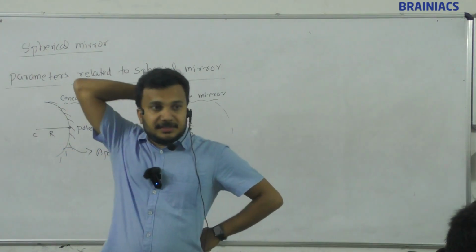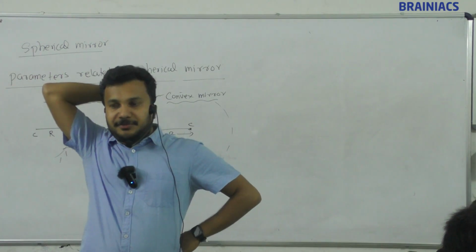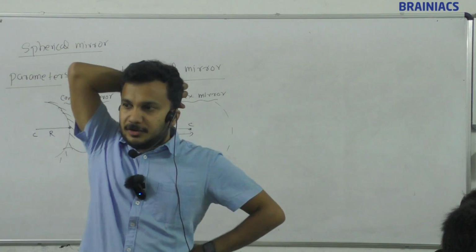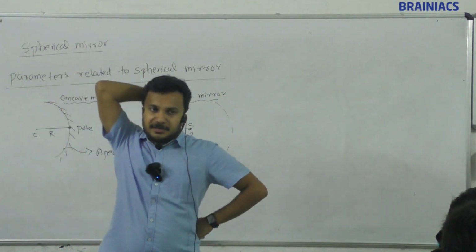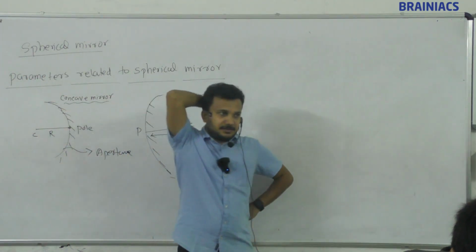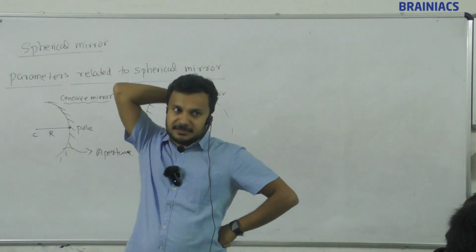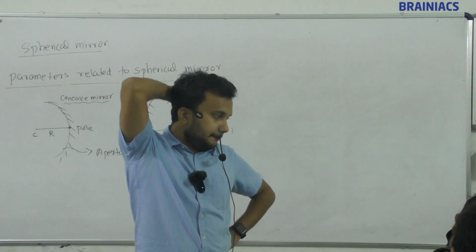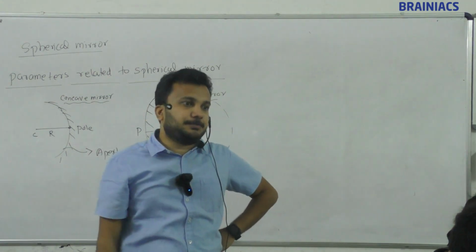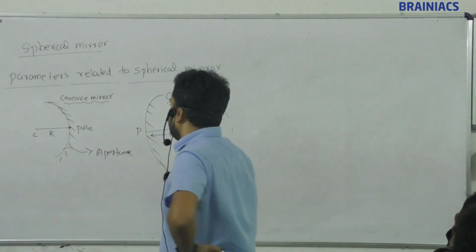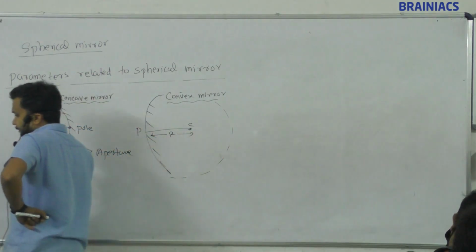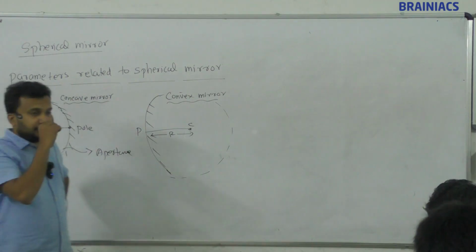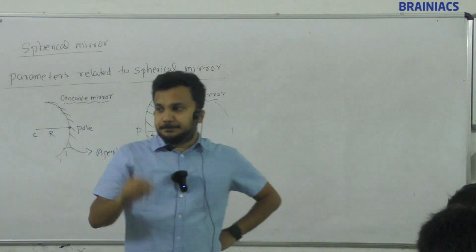Next point, the center of the reflecting surface is known as pole.